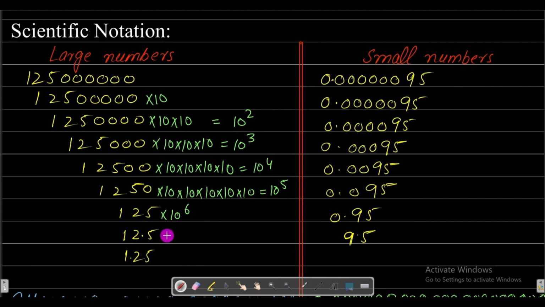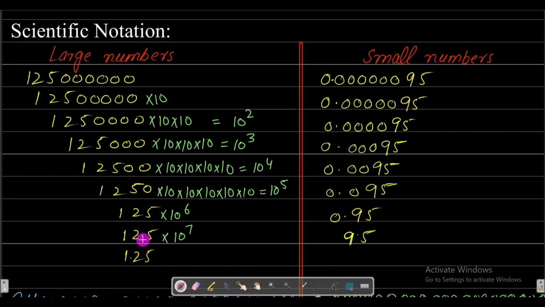And here I will multiply 10 power 7, because the difference between this and this is only a division of 10. So for that we will multiply by 10. If we multiply by 10 here, this 10 power 6 will become 10 power 7. Similarly, the difference between this number and this number is a division of 10.